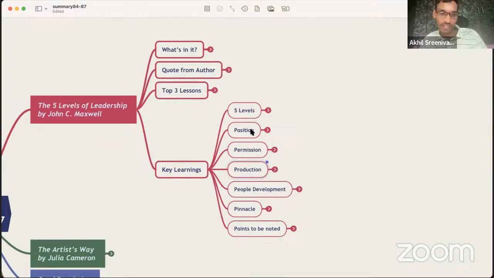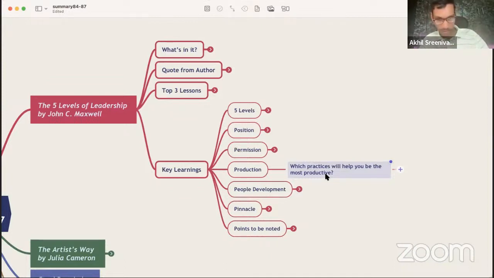The third level of leadership: once you have set up your position, your job role is clear. Once you are set up with permission, meaning you have built trust with the people, then the third step comes under production. It's nothing but which practices will help you be the most productive. What steps are you taking to make the product or service work well for end users?